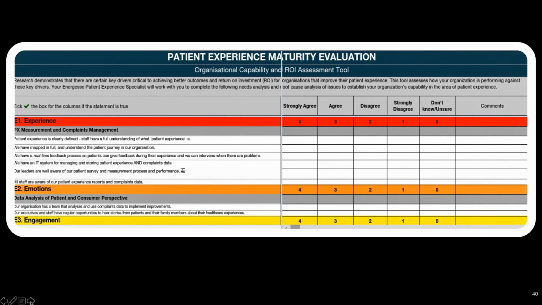So we've developed a very structured methodology for doing this, and this is called the Patient Experience Maturity Evaluation. And there's a set of tools that we've developed to actually map exactly where your organization sits on that change curve by asking you and your team a series of questions around where it sits in terms of its experience, data analytics capability, where you are in terms of engaging staff, and so on. And next slide, Sharon.